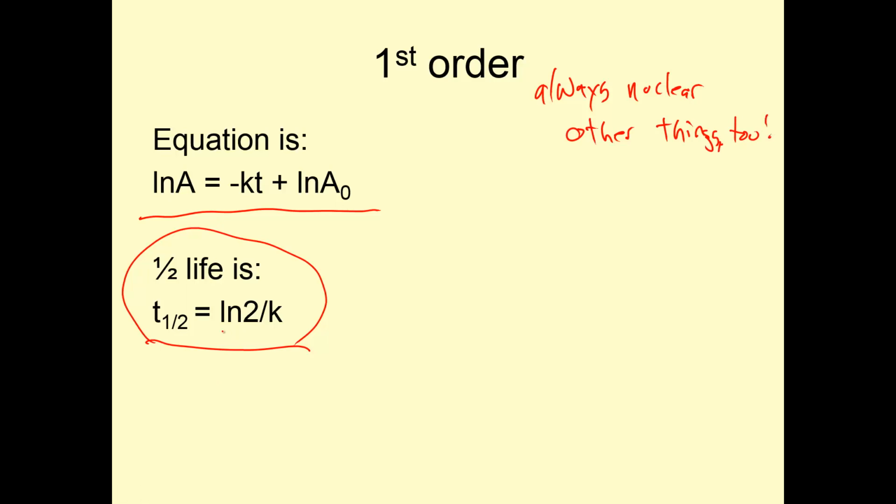So if you look at this, do you see how the A naught is not in this equation? If A naught is not in the equation, then the starting amount is irrelevant. The half-life will always be ln2 over k.